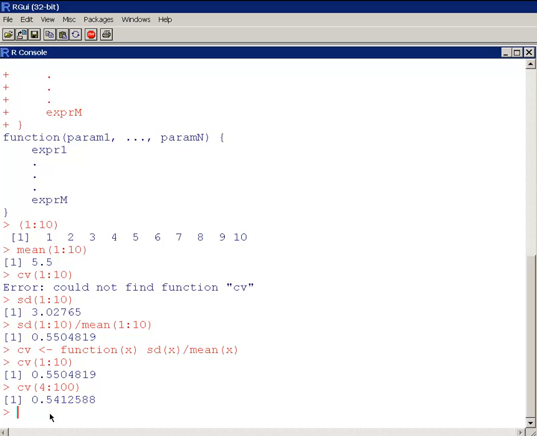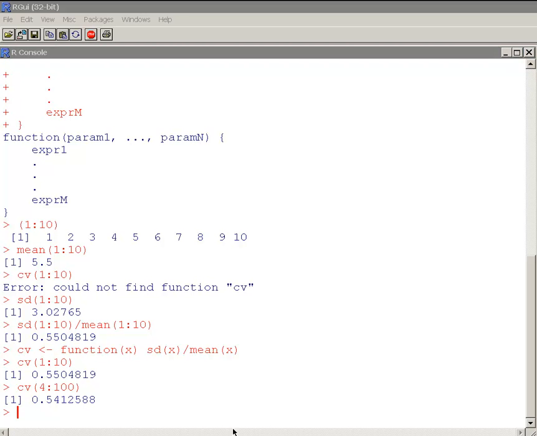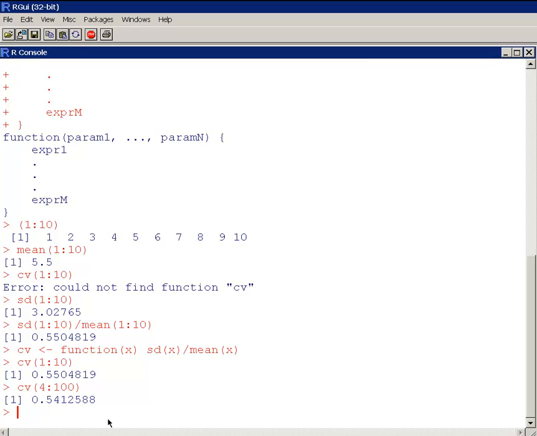By the way, this CV has a name. It's called the coefficient of variation, and that's something that statisticians like to use.